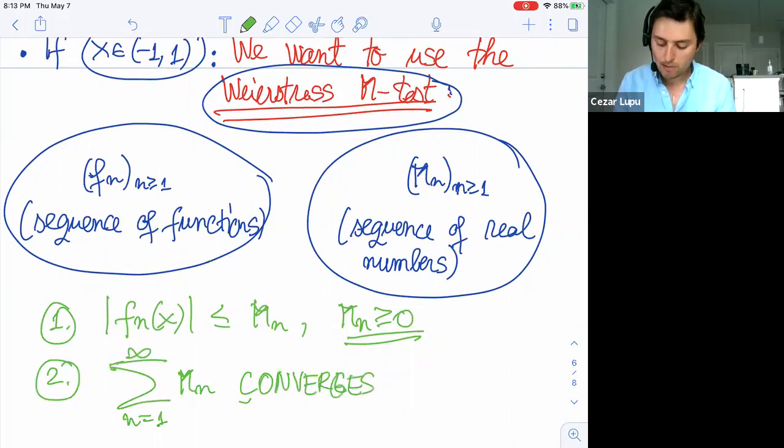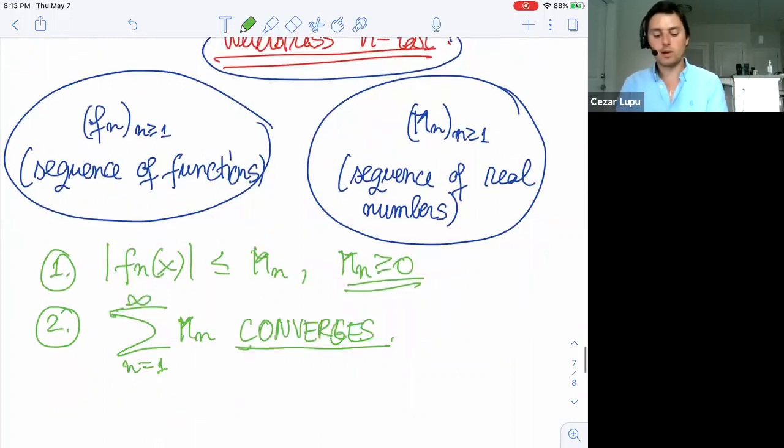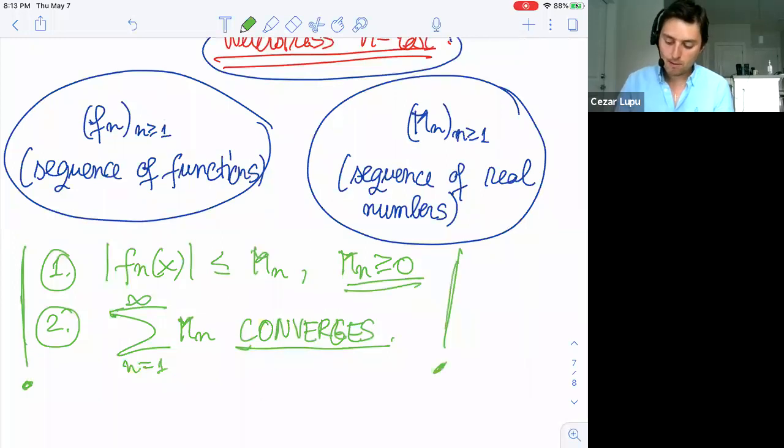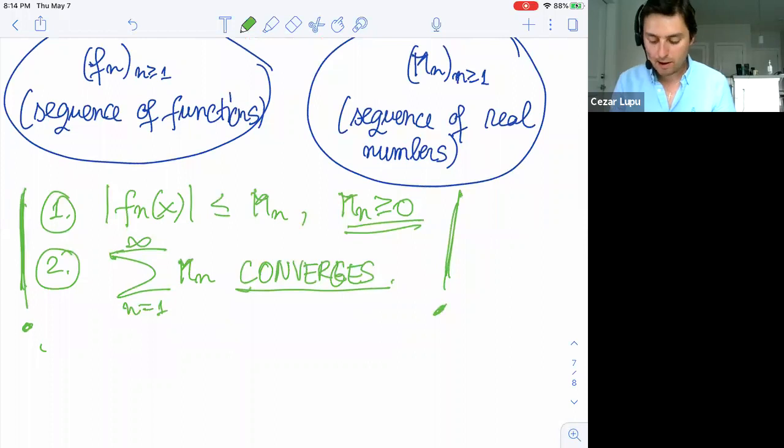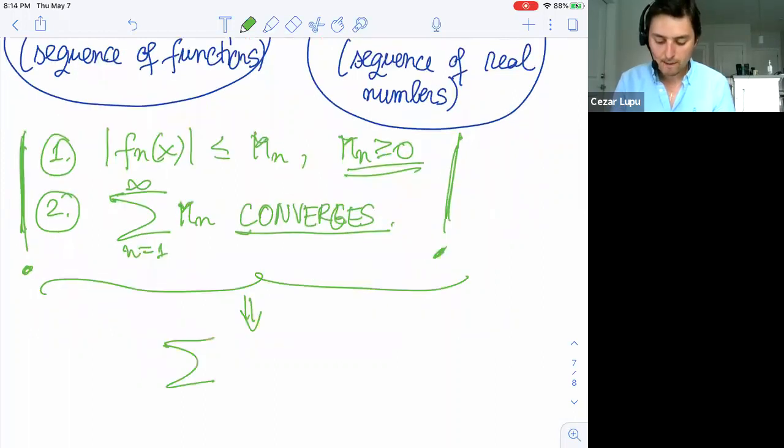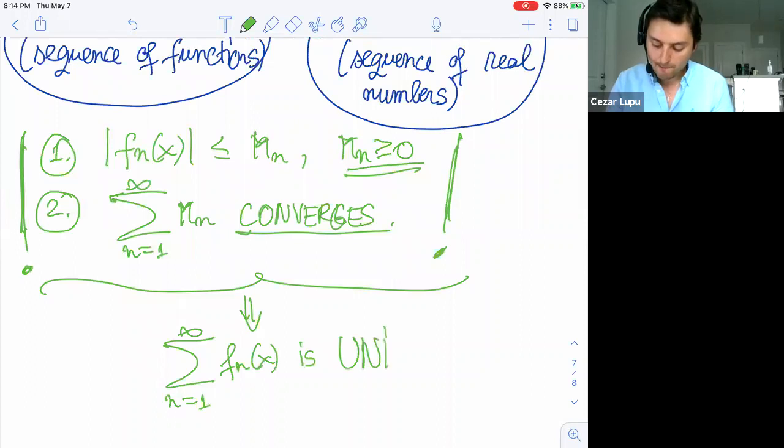This is very, very important. Once we have these two conditions met, and I've said this many, many times, even at the office hours, in class and whatever, then guess what happens? Then we can infer that the series of functions is uniformly convergent.